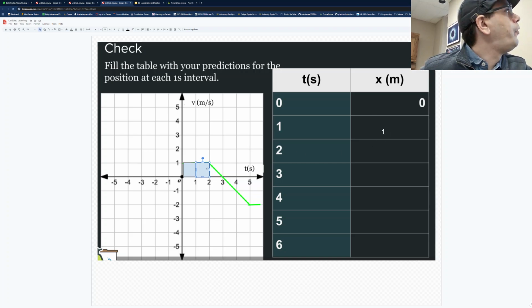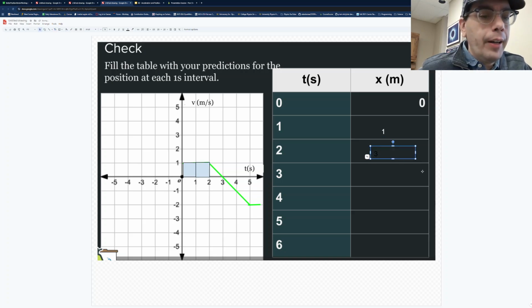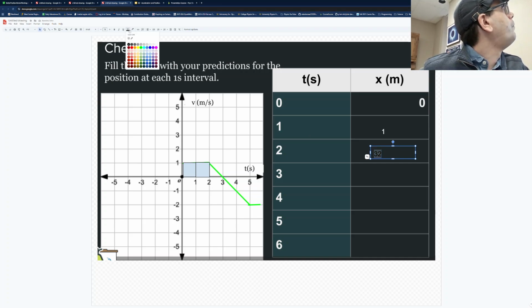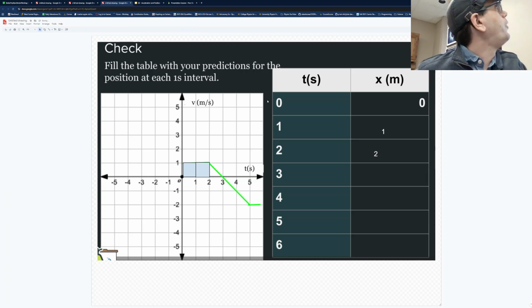So our position is this value plus the area of this. So our position is 2 here. Nope. Hit the wrong number and it's black on black. There we go.